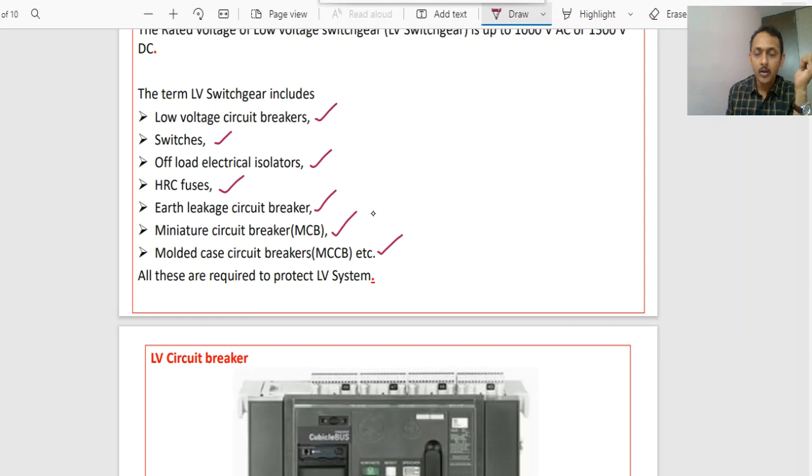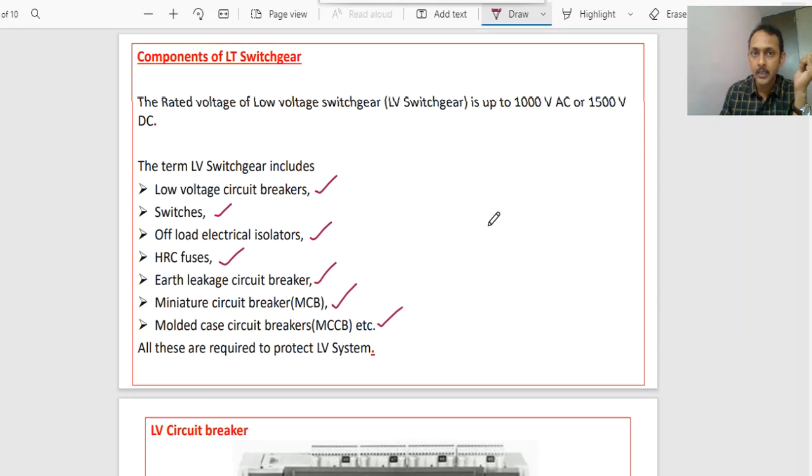So all these are required to protect the LV system, low voltage system, or LT, low tension system. Here each component has its own purpose in order to protect the equipment, right?